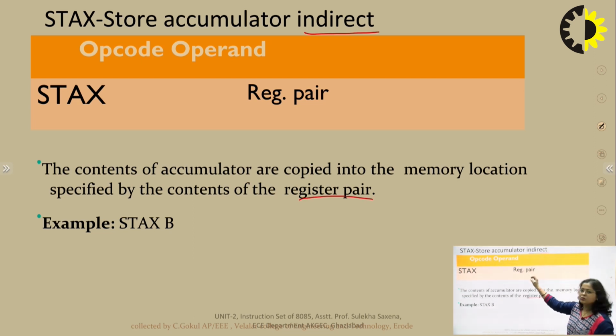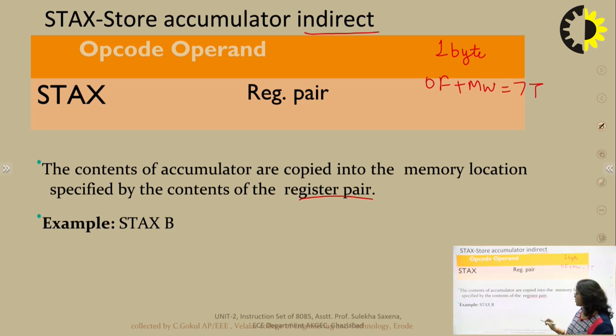There is no data or address specified, so the size will be 1 byte. To read data, no extra cycle is required, so opcode fetch, and to copy the accumulator to the specified address, it requires one memory write. So total 7 T states.